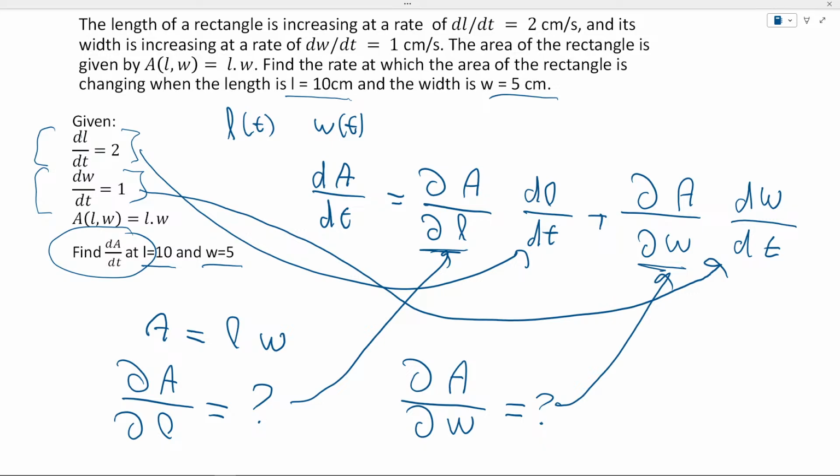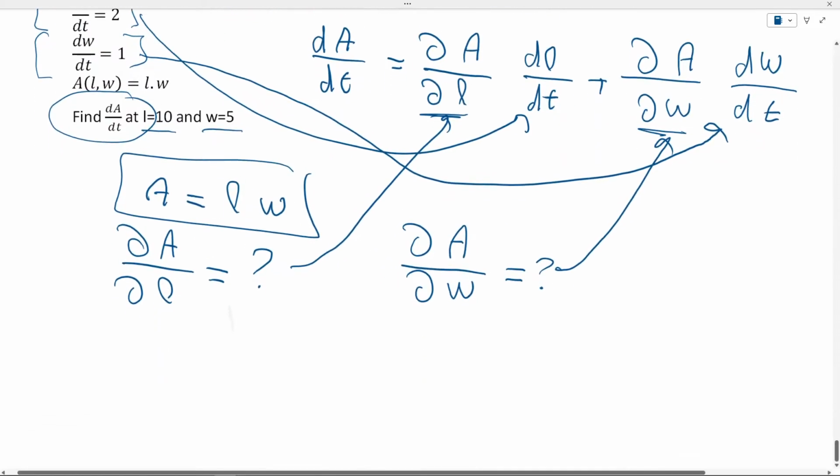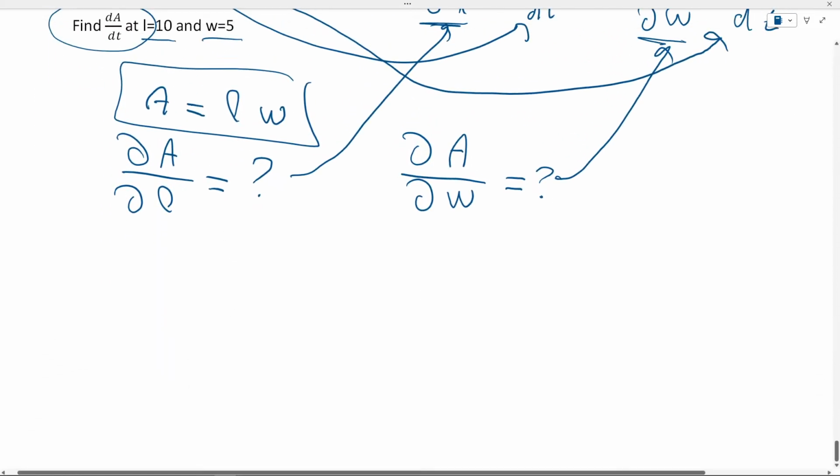And remember, you know how to find the partial derivative for this. We did this before.